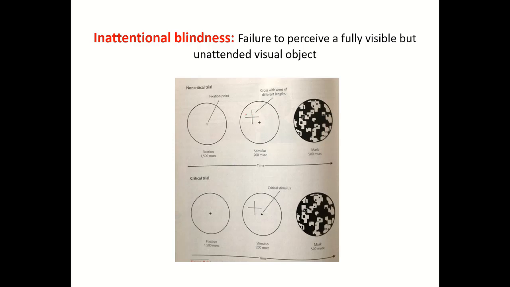So here you see the human subject was asked to fixate eyes on the fixation point here, and a cross object appeared after the subject fixated the eyes in the upper left side, and the subject was told that you have to watch and notice which bar is getting shorter or longer.